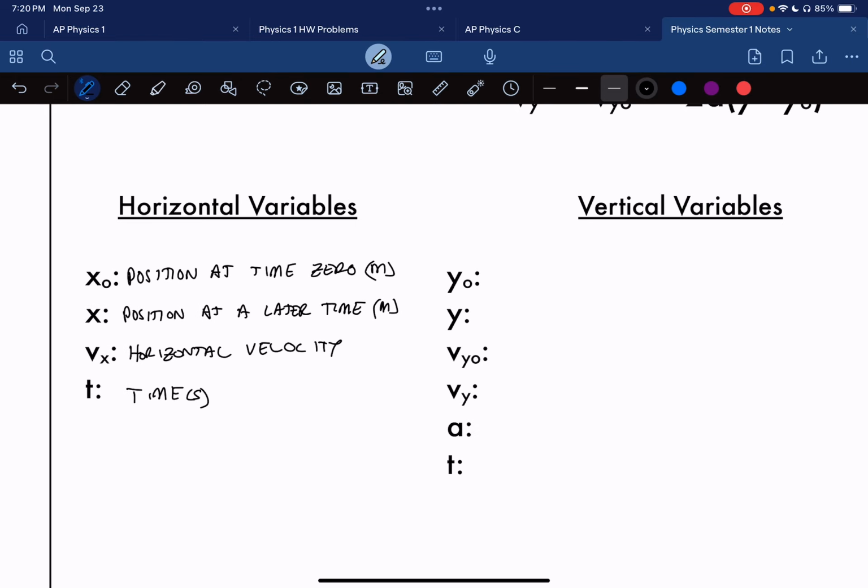The vertical variables we know, but let's go ahead and do this. So this is the initial height, or in other words, the height at time zero, and the height at a later time.